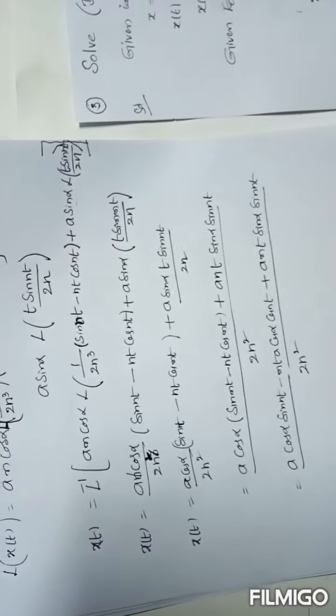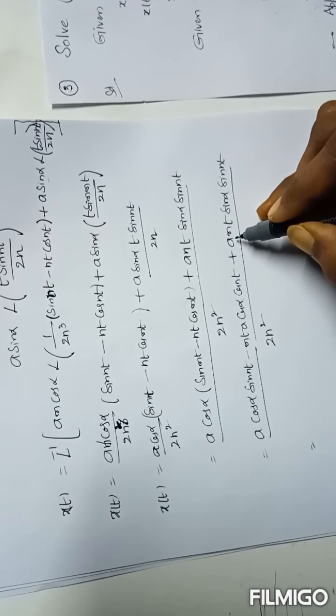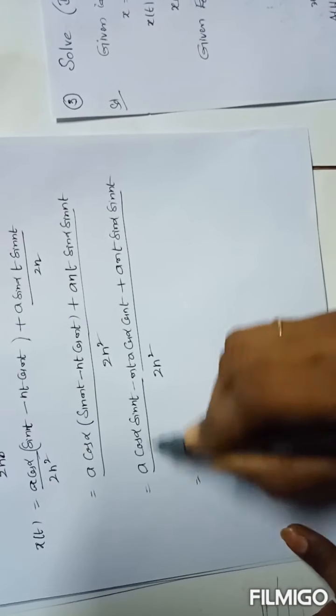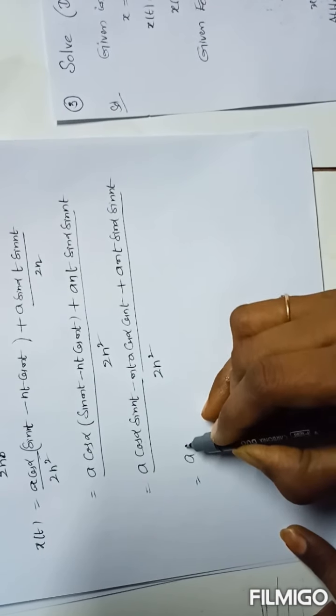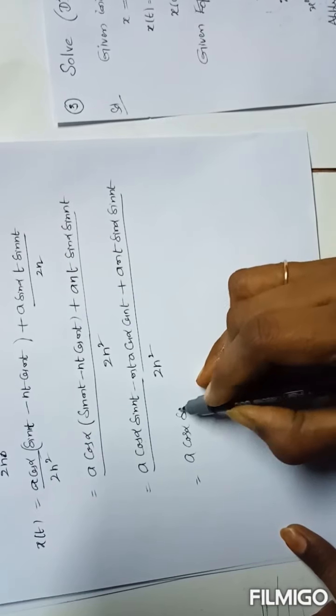From these terms, the common terms we need. Here from these two, this is a cos alpha sin nt.